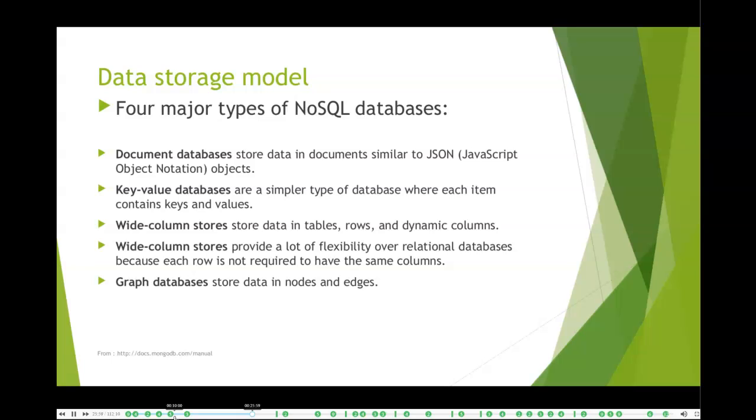There's another type called the wide column stores, which store the data in tables and rows, but it can have dynamic columns. And then the other type, we have the graph database, which stores the data as nodes and edges. So these are, again, just for you to know that there are other types of NoSQL databases.